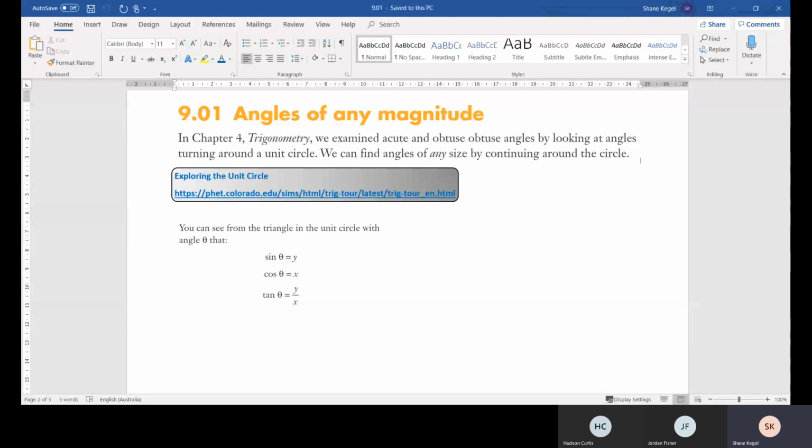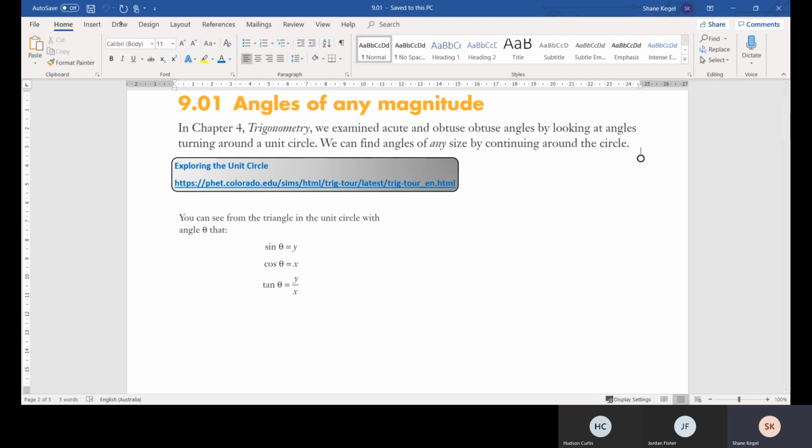But if we know an angle is an obtuse angle, it could be many different depending on what our parameters are. We could have the acute option, we could have the obtuse option, we could have the reflex, the one bigger than 180 and 360 option. So we can find angles of any size by continuing around this unit circle.